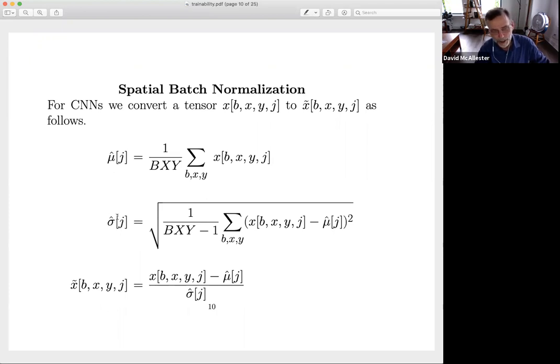So we get a batch and spatial standard deviation, and then we do the correction based on the batch mean and standard deviation. We do a spatial averaging. Sometimes it's related to what's called layer normalization. So you're normalizing this particular unit across both spatial and batch dimensions.